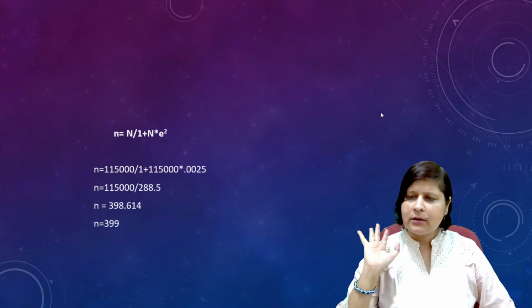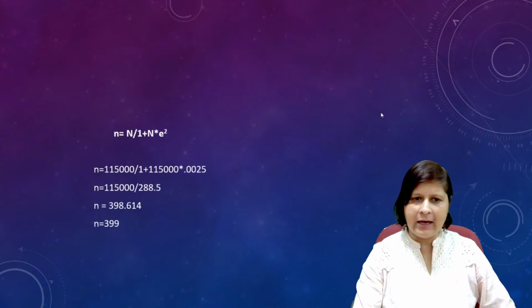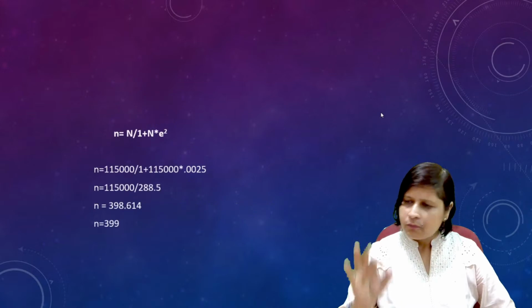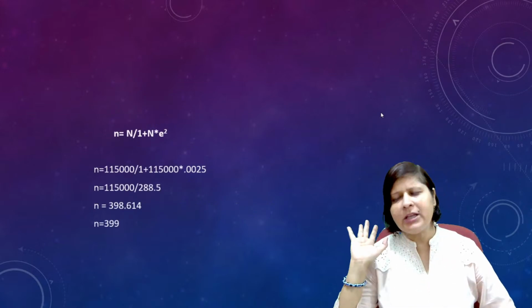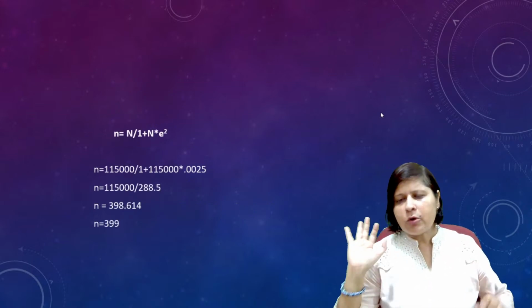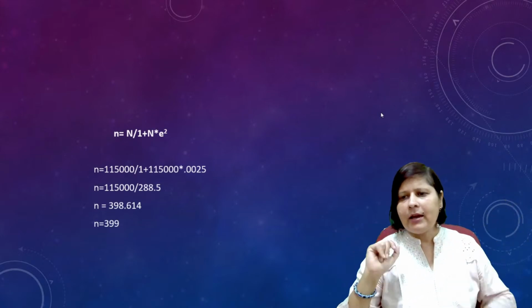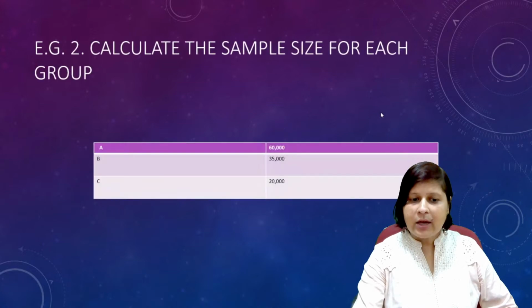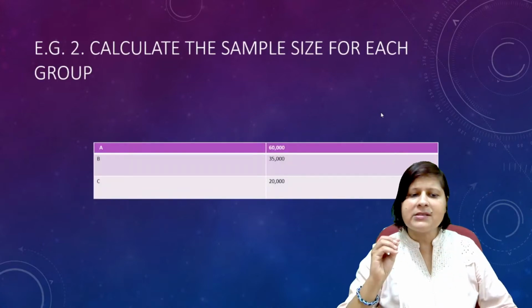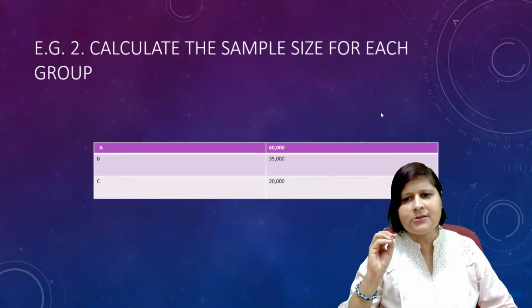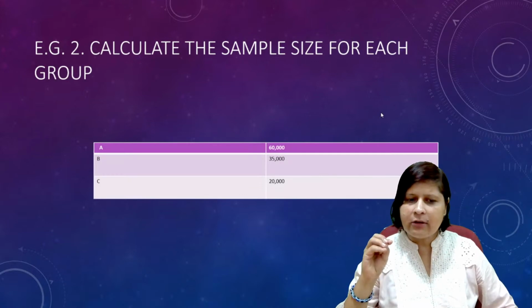When I apply the formula, n comes out to be 399. The total sample required for the three strata is 399, but what should be the sample size for group A, for group B, and for group C? How can I divide 399?